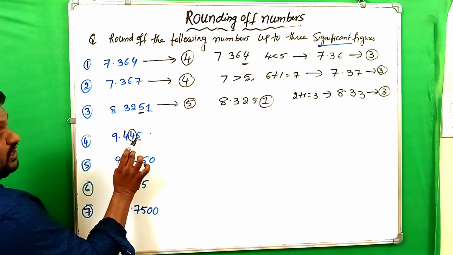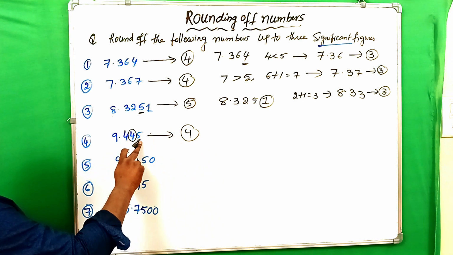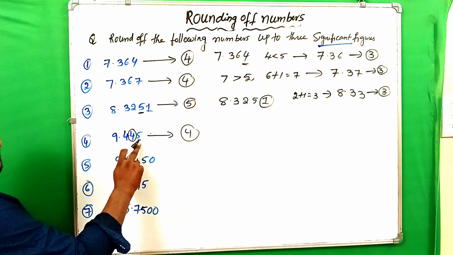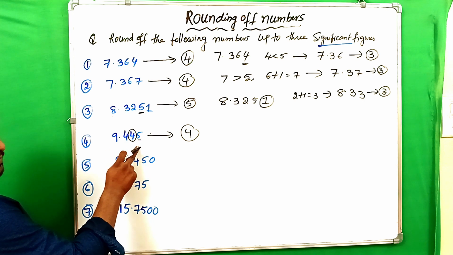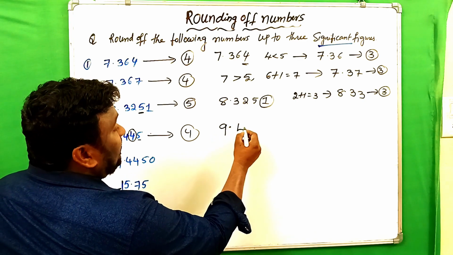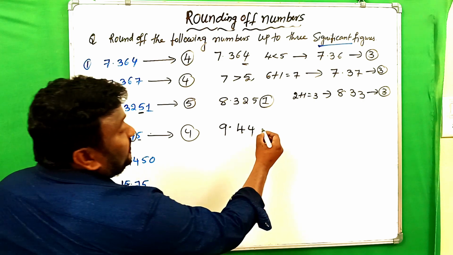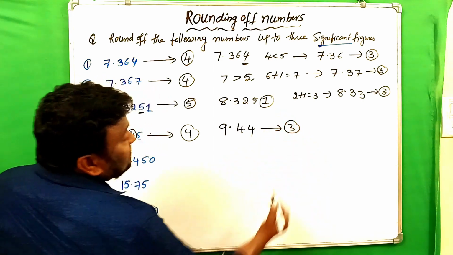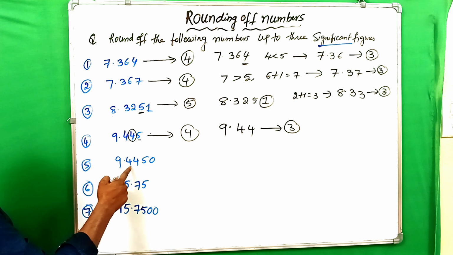Here there are 1, 2, 3, 4 significant figures, and we have to drop the 5. When the last digit is 5, we check whether the preceding number is even or odd. Here 4 is even, so there is no modification. Simply we write 9.44. Finally, 3 significant figures. And now 9.4450.